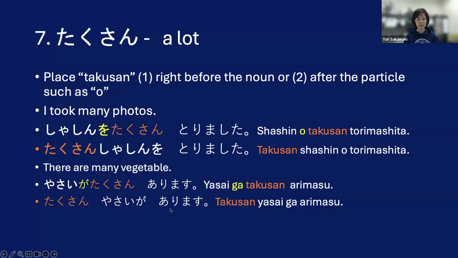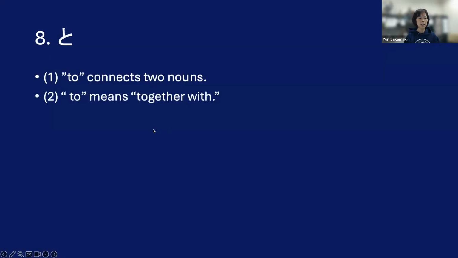たくさん野菜があります。And と indicates, as we saw in A と B の間, in between, you can connect two nouns, just nouns, not verbs.